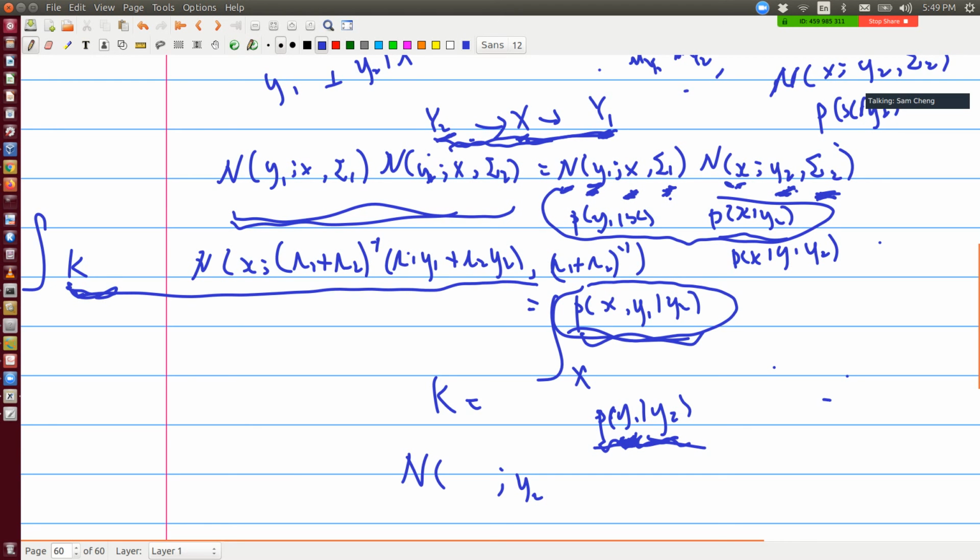And for y1 it's the same case: y1 has a mean x but with additive Gaussian noise of sigma 1. So if I go directly from y2 to y1, that would be just adding two noises. The variance is simply sigma 1 plus sigma 2.